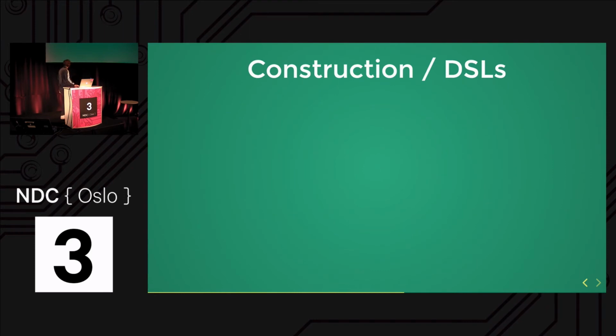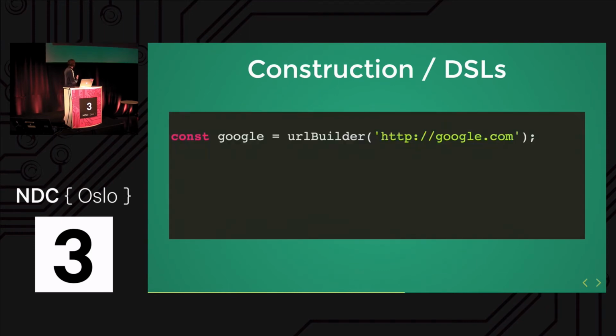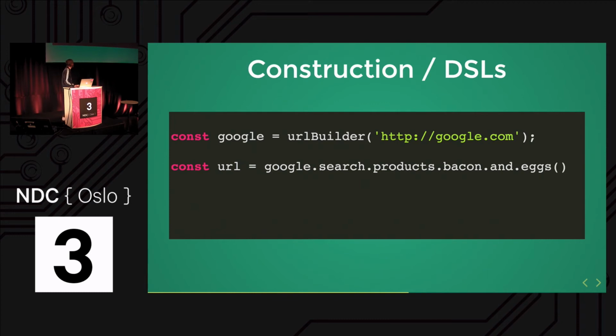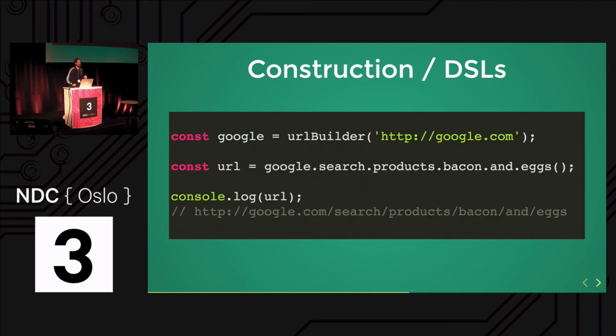So we could create an instance of this URL builder by giving it the first argument, which should be the domain. And then we could just start to say that we want to use the Google URL builder. We want search products, bacon, and eggs. And then as soon as we call this as a function, that will return an actual URL.